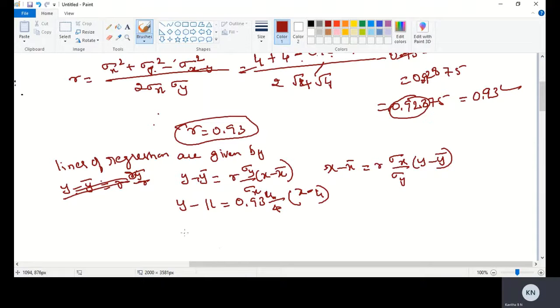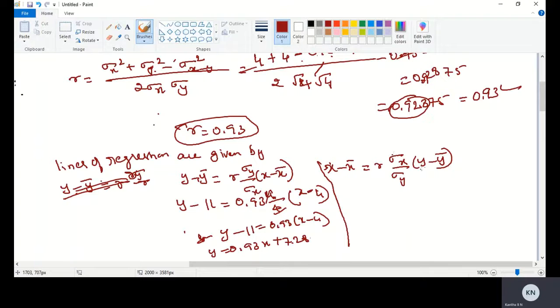Then simplify, 4 gets cancelled, y minus 11 is equal to 0.93 into x minus 4. Then simplify, y is equal to 0.93 x plus 7.28.